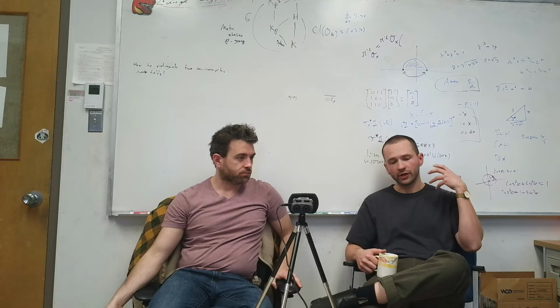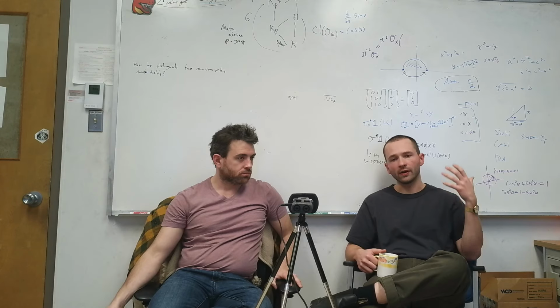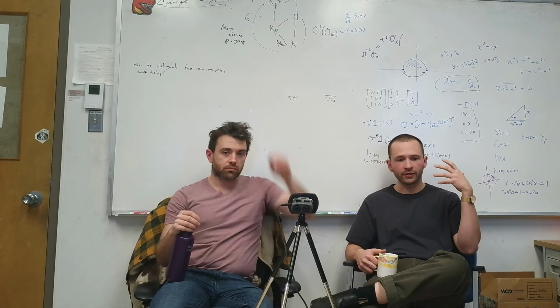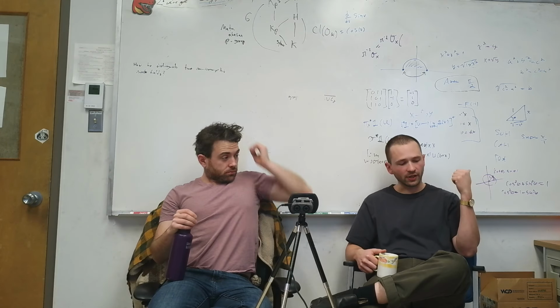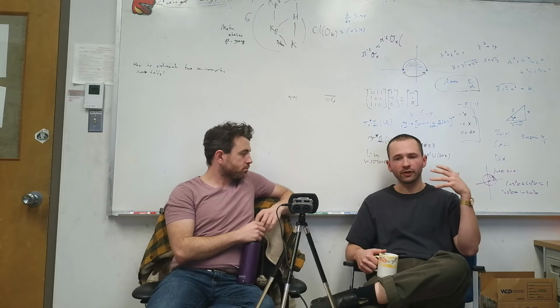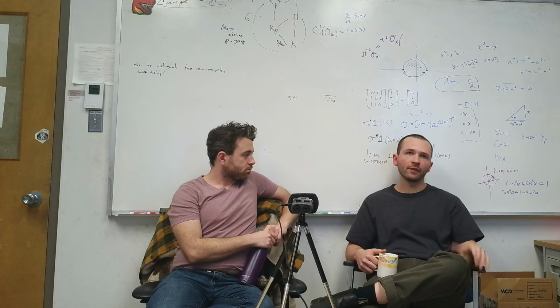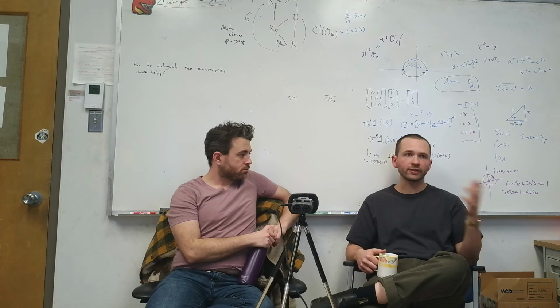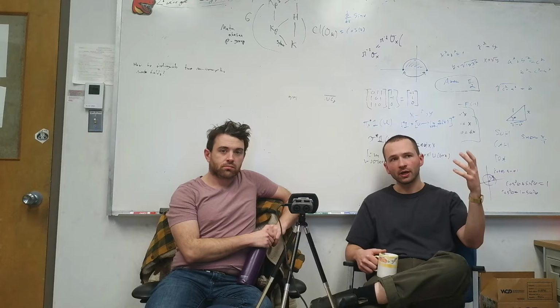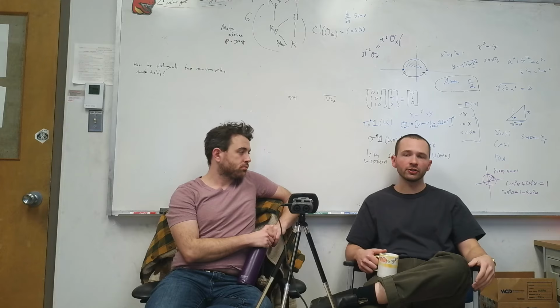Using this thing called Koszul duality is what I studied, and it was a way of translating between these two worlds. I think of Koszul duality as a kind of higher order version of the Fourier transform that translates between these two worlds, but shows up in physics, shows up in other types of representation theory.